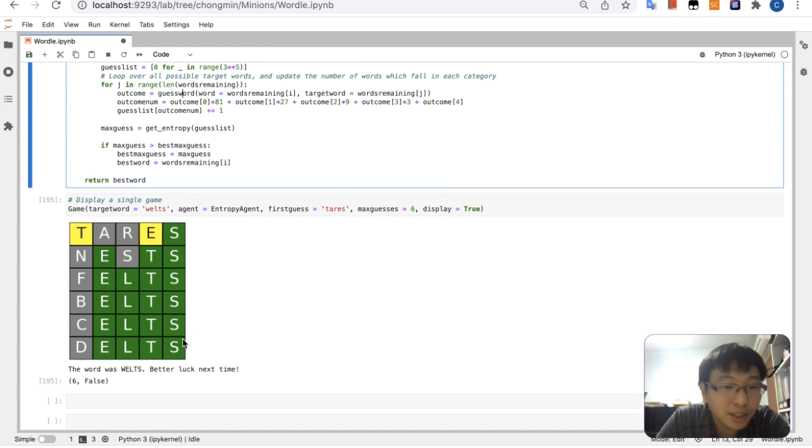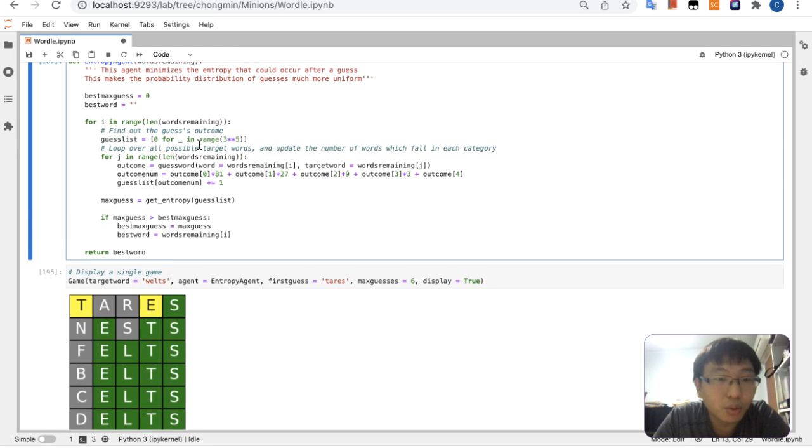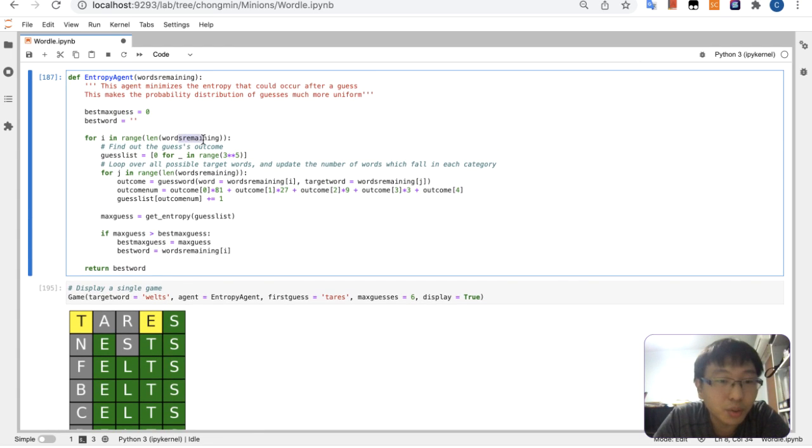Because you see cases like this, I think it's really quite tough for the AI to guess, because if you only have one letter left like this, you confirm cannot make it in six tries. So I don't think it's possible for hard mode to solve all the time in six tries, especially if you land cases like this where there's multiple starting letters. So maybe what we need to do is do it for all possible words instead of just words remaining. And then here will just be words.